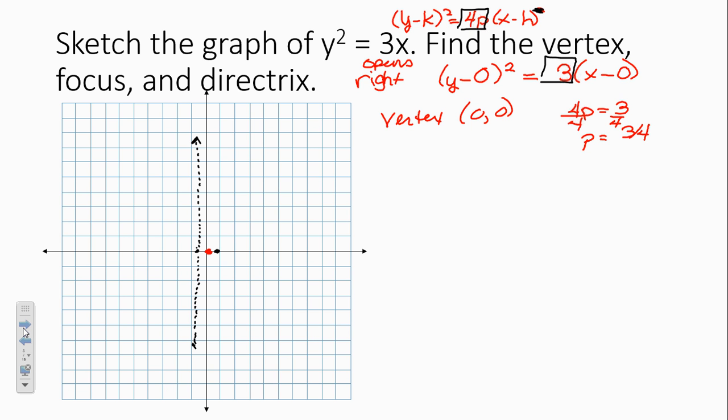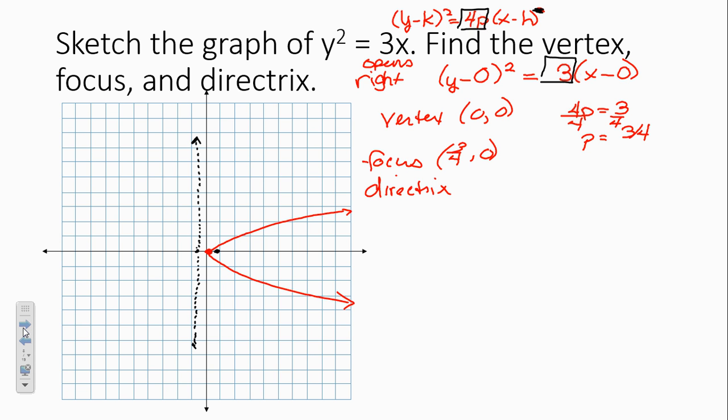So a quick sketch means, guess what? Going from the vertex, opening to the right, we have our focus. It's a point 3/4 over, 0 up. We have our directrix, which is a line of what?